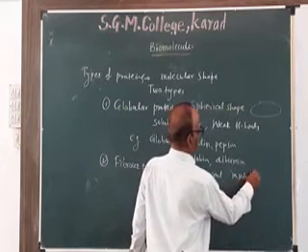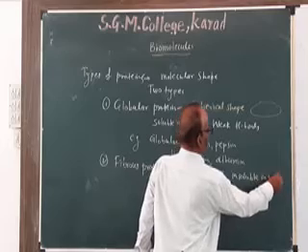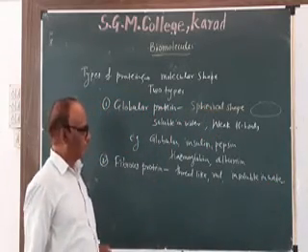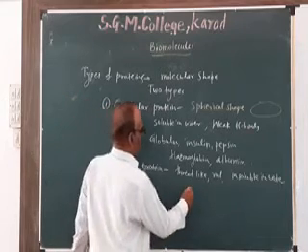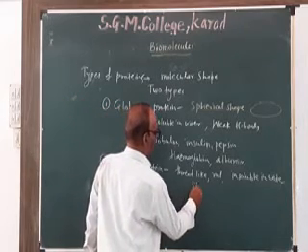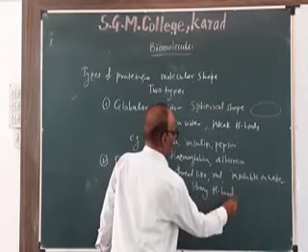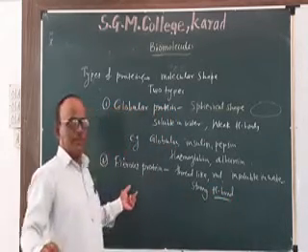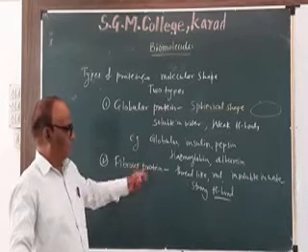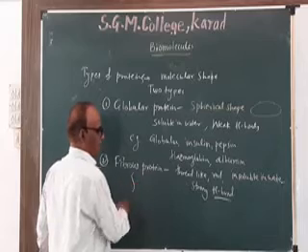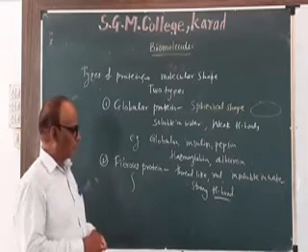But the hydrogen bonds in the peptide linkage are strong. So these are properties of fibrous protein. Fibrous means thread-like or rod-like structure.